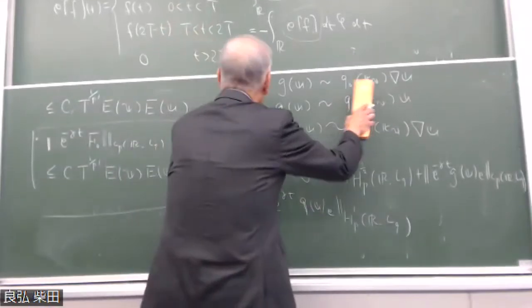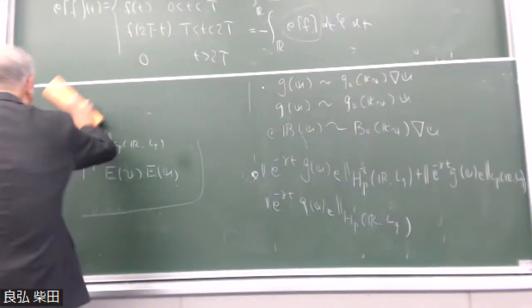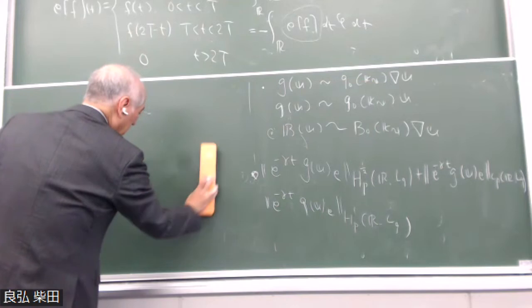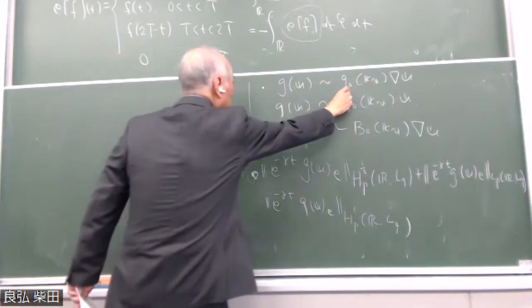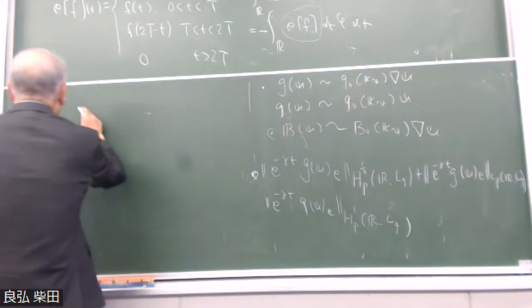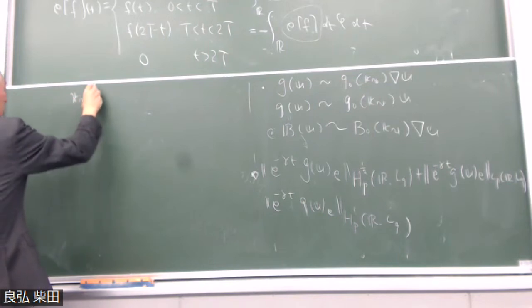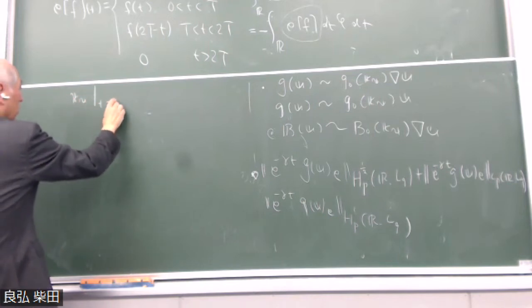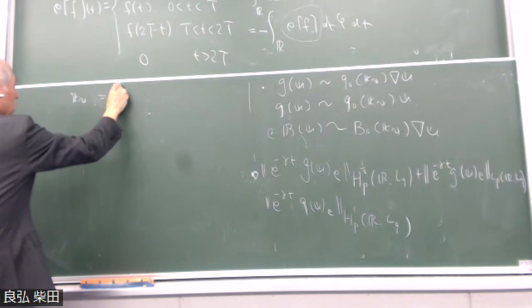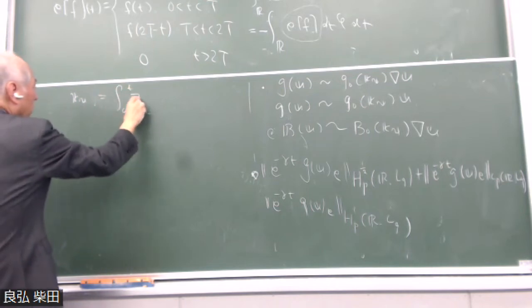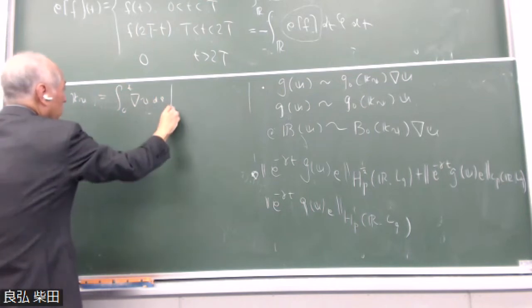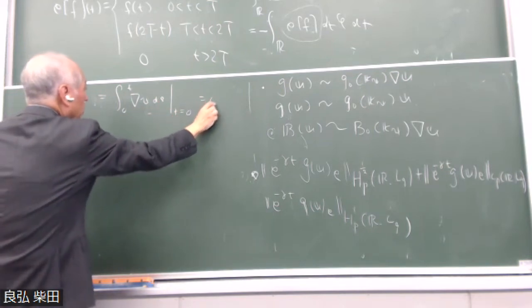So anyway, from this observation, the extension of G0 KB is of course KB equals 0 is equal to 0, because KB is 0 to t of nabla B ds. Therefore, t equals 0 is equal to 0, right?